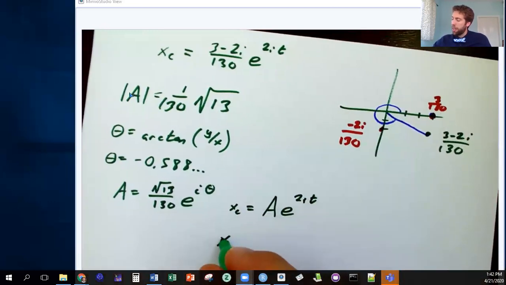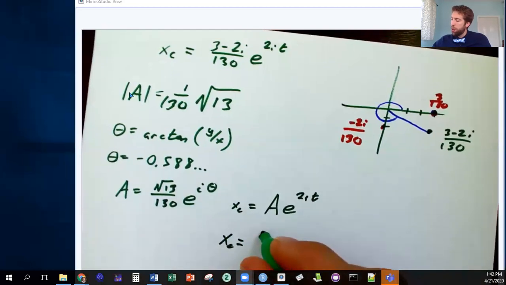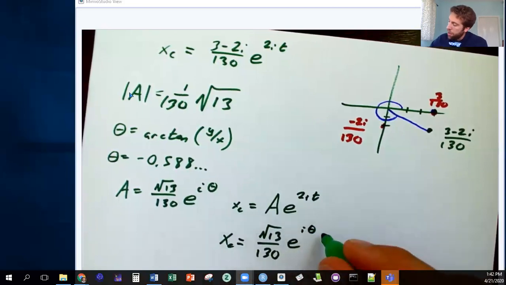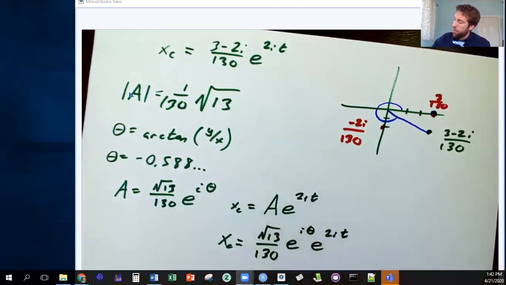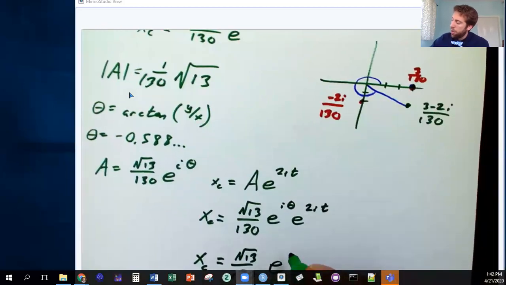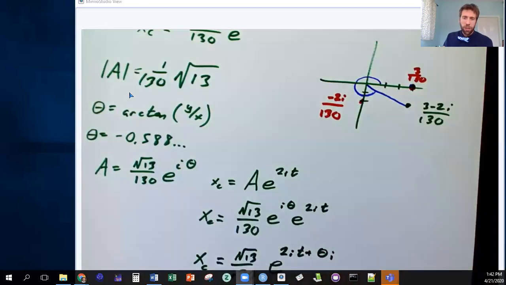So that means my complex solution is square root of 13 over 130 times e to the i theta, and then I'll multiply that. I'll write it in 2 steps. 2 times 2it. So then my complex solution is square root of 13 over 130 times e to the i(2t plus theta). Okay.